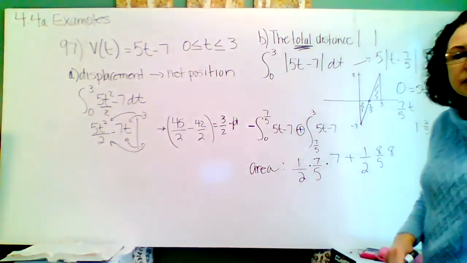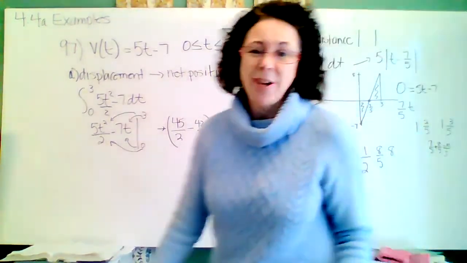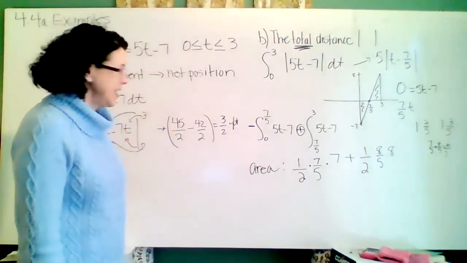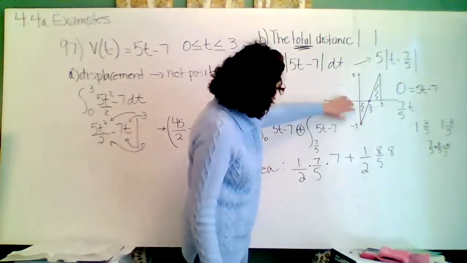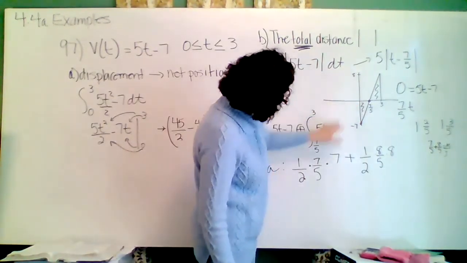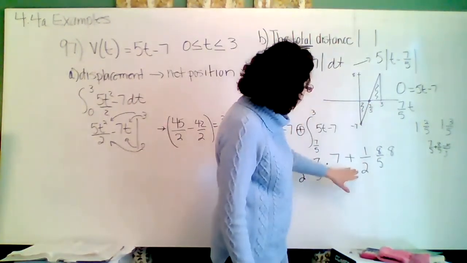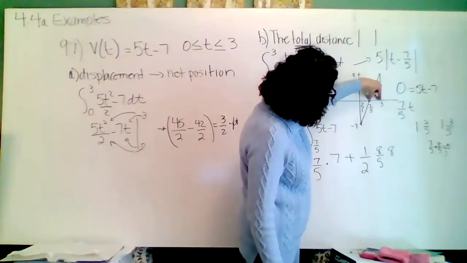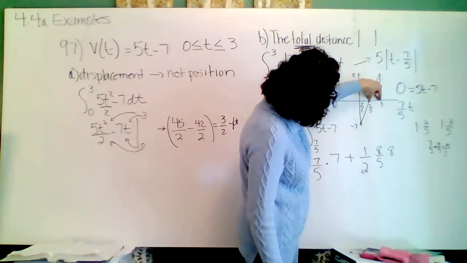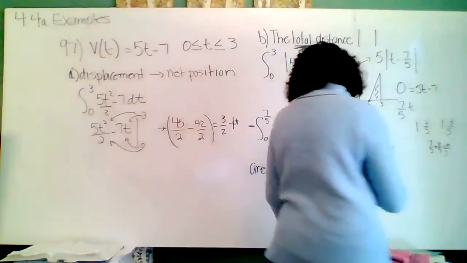Okay, so let's look at this again. I know an integral means area, and I'm good with triangles. I think I'll just use the areas. This area, 1/2 the base times the height, and I made sure to keep it positive. This triangle here is 1/2. This base, I determined if I added 8/5, I would get to 3, and the height was 8. So let's take a look.